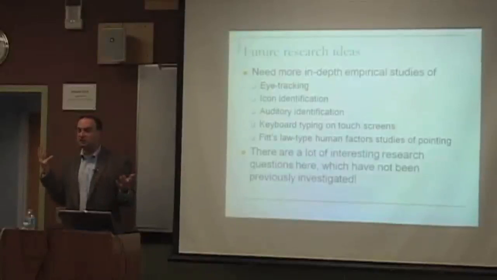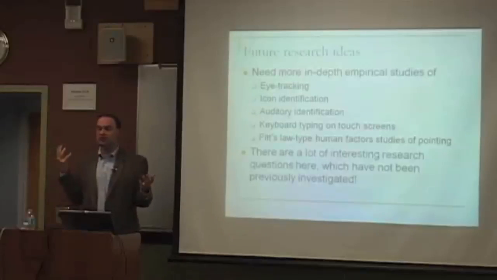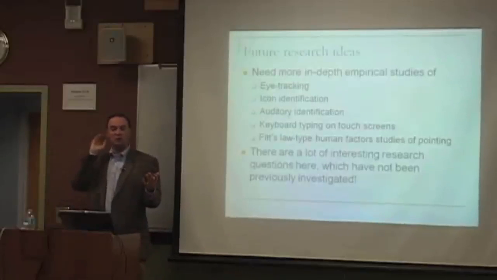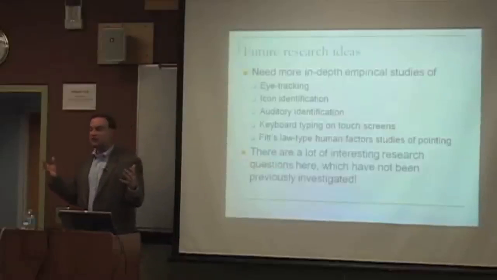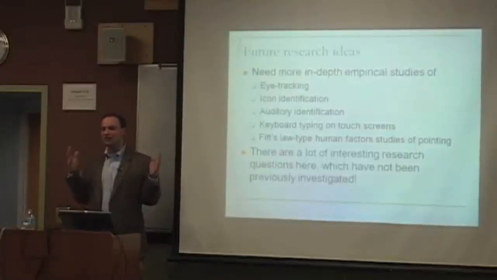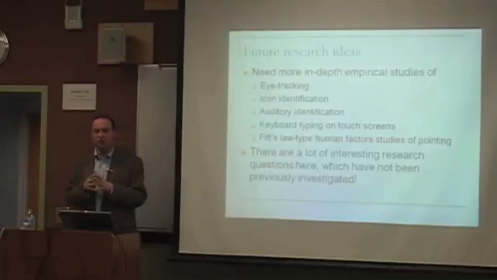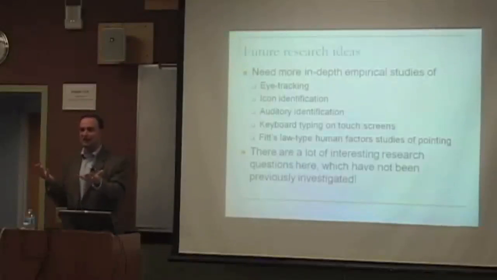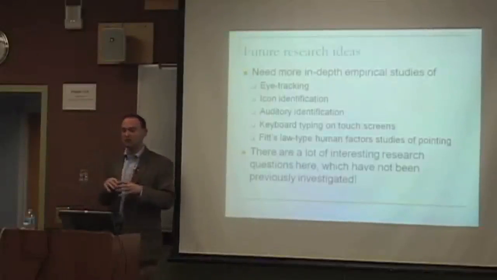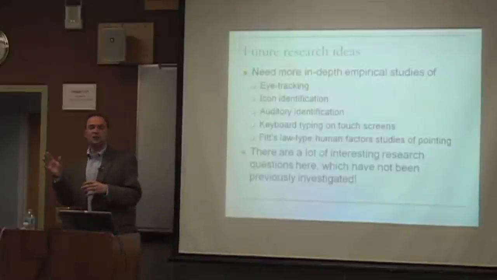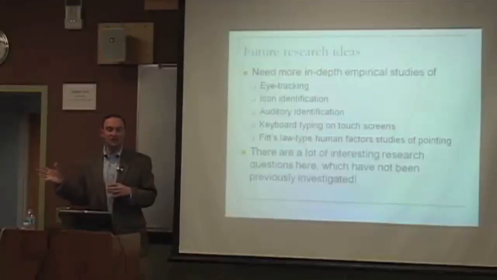Auditory identification, if we use earcons, so rather than icons, if we use sound clips to identify things, it would be really interesting to see how they do with those, especially since auditory hasn't been a strength for people with Down syndrome. Keyboard typing on touch screens, I think some more structured studies on just that would be interesting. And even Fitts' Law type studies of pointing, I think on a touchpad, would be great.